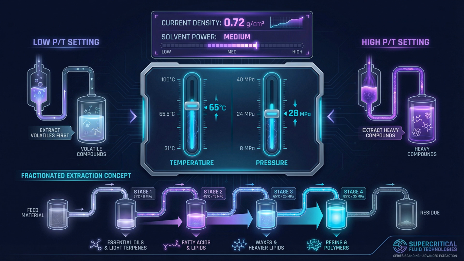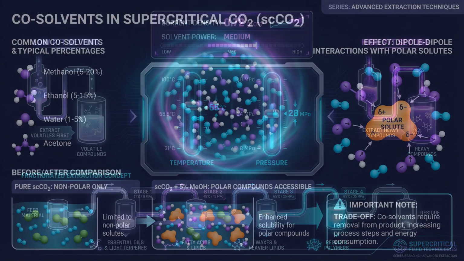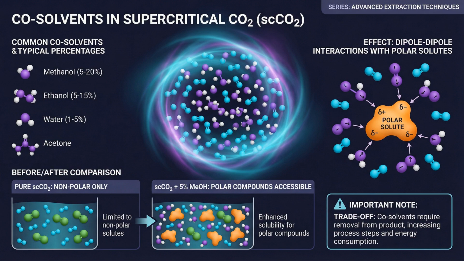To overcome the polarity limitation, we can add small amounts of polar co-solvents to the supercritical CO2. Methanol at 5 to 20% is the most common modifier, significantly extending the range of extractable compounds. Ethanol is preferred for food and pharmaceutical applications due to its safety profile.